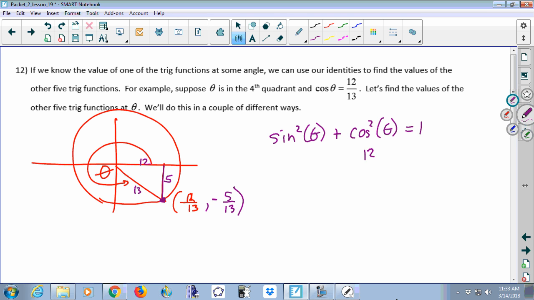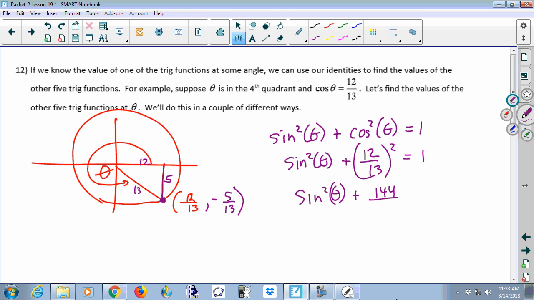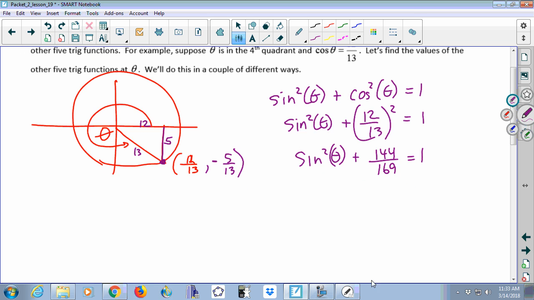So I can put 12/13 in right here and square it and use this identity. So sine squared theta plus 144 over 169 equals 1. Since I'm going to be subtracting two fractions, I might as well put 1 in the form I want, which is 169 over 169, just to make life easy for myself.